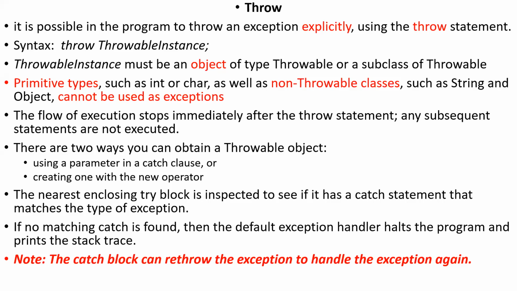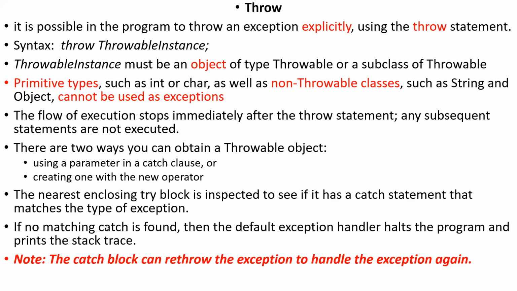Whatever the error, the execution will go to the catch block of the same type. So that's the fifth point: the flow of execution stops immediately and goes to the nearest catch block, and that catch block will handle the solution.